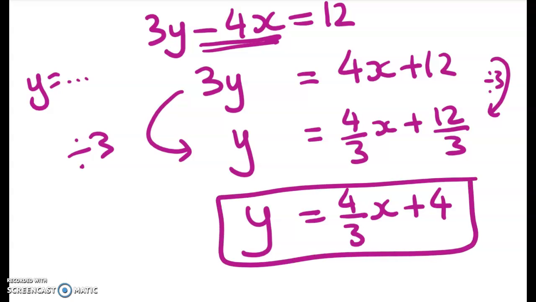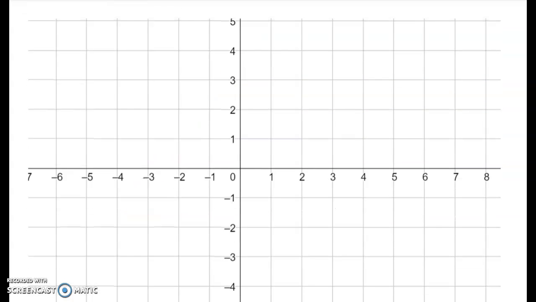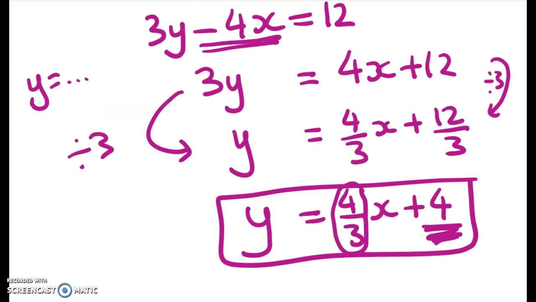So if I'm going to do it this way, what I'll do now is go back to that grid and use our usual method where we start with the y-intercept and then we use the gradient to find the next point. So here's this graph. Let's take that line off. Now it's a little bit tricky because of how I've got the GeoGebra grid. But I'm going to start at 4 and then I want to go out 3 and up 4.